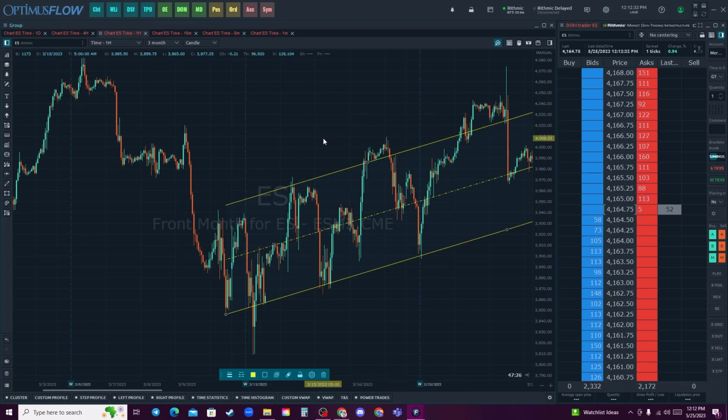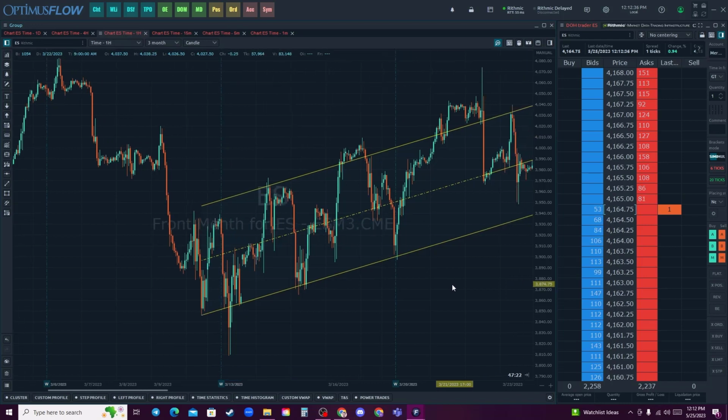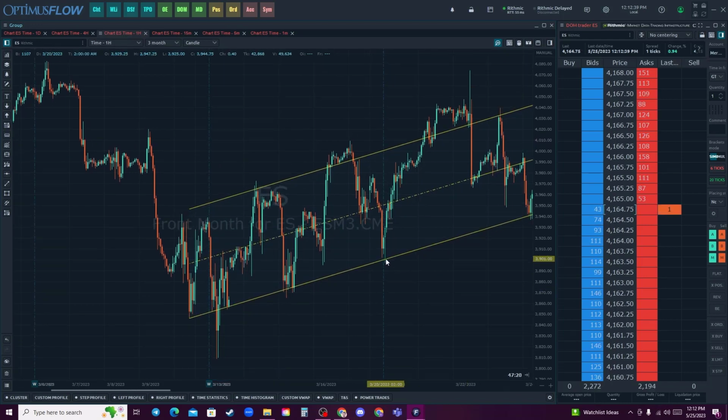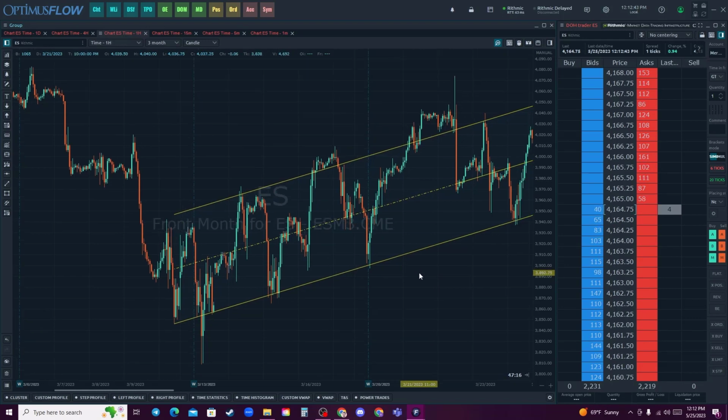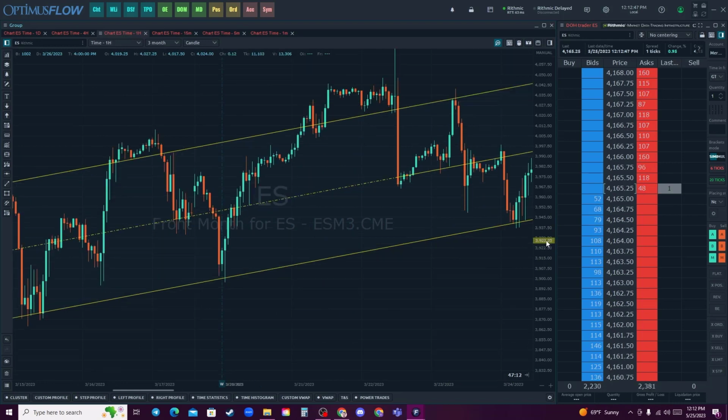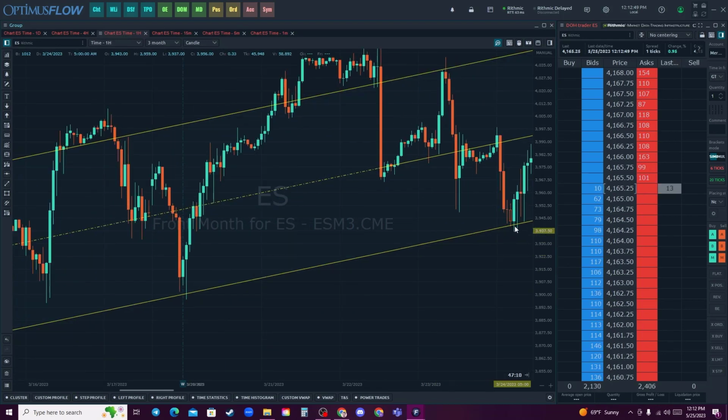So if we were bullish in this and we were using price action trading, we would look for potential entry points on the lower part of this upward price channel trend. So here we have where price hit the lower part on 324.